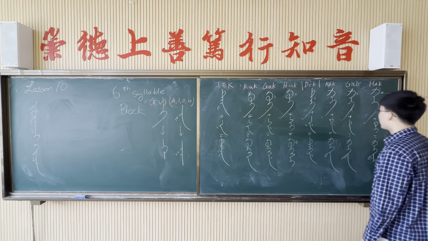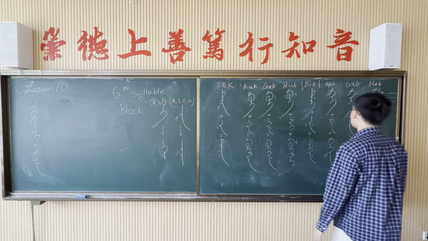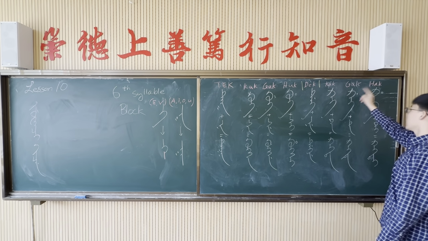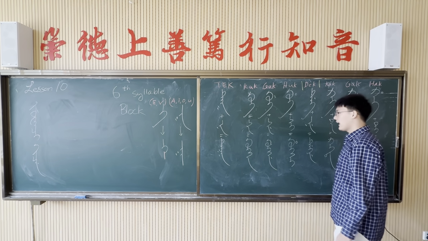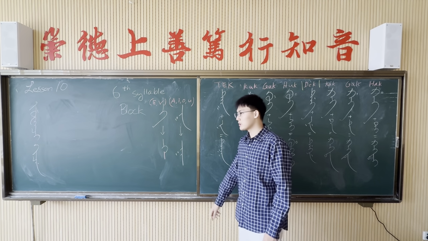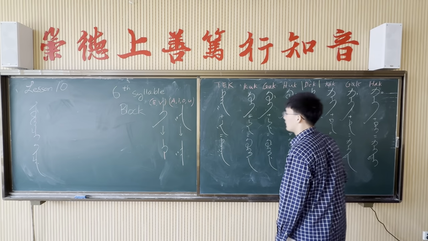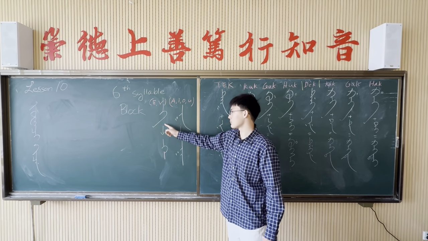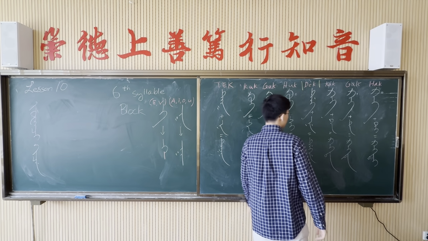Okay, next we have 3 more special characters. They are kak, gak, and hak. Despite the previous letter being an A, so by logic it should resemble this figure, since they're special, they have this tail. So make sure you memorize all of these.